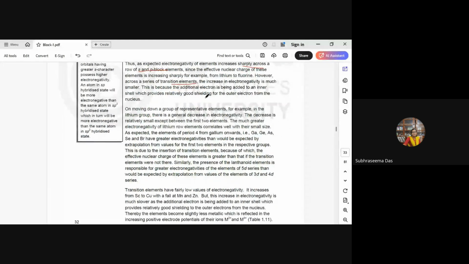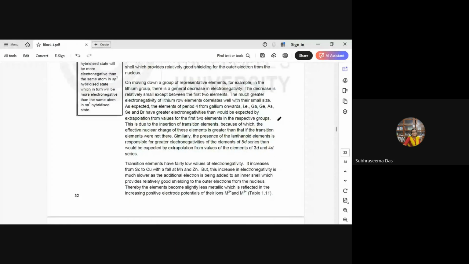When we move down a group of representative elements, as in the lithium group, there is a general decrease in electronegativity. This decrease is relatively small except between the first two elements. The much greater electronegativity of the lithium row elements correlates well with their small size. As expected, the elements of period 4, from gallium onwards, have greater electronegativities than would be expected by extrapolation from values for the first two elements.